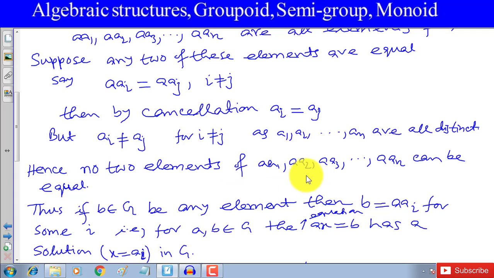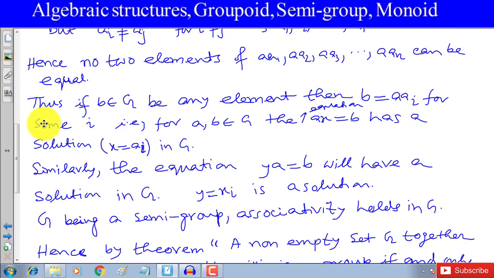That is, AA1, AA2, AA3, up to AAn are all distinct. Thus, if B belongs to G be any element, then B is equal to A Ai for some i. That is, for A, B belongs to G, the equation Ax is equal to B has a solution, which is x is equal to Ai in G.